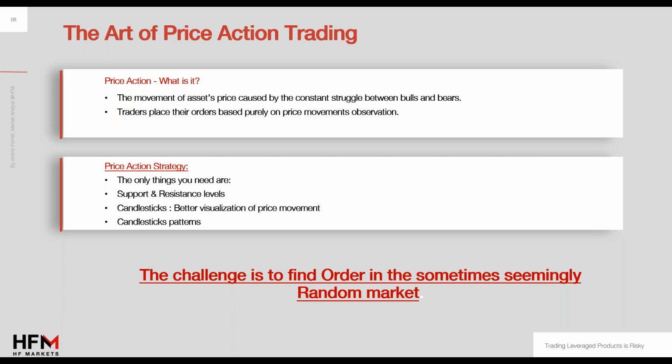So price action can be seen and interpreted as another technical tool simply by observing your price over time. The only thing that you need to be aware of is support and resistance levels, and the close and careful observation of your candlesticks, their body, their tail, the length of their body, the length of their tails, and so on and so forth.